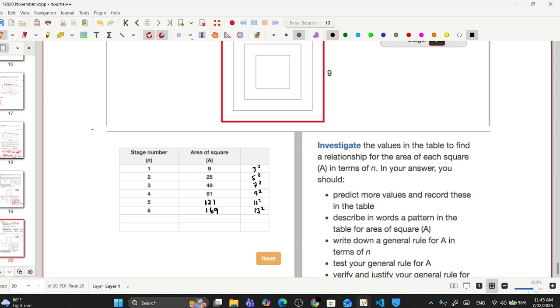Odd squared numbers or odd numbers, simple. The area is following the rule of squaring consecutive odd numbers.